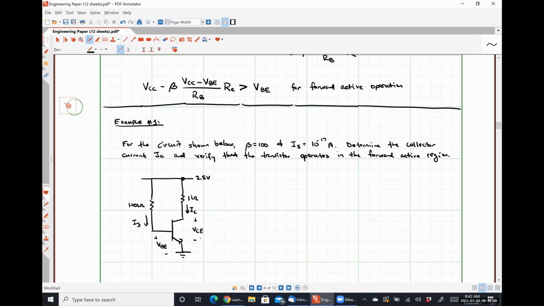In order to solve for IC, we need to know what VBE is, because IC is IS times exp of VBE over VT, 100% of the time for a forward active region BJT. So how can we solve for the quantity VBE?